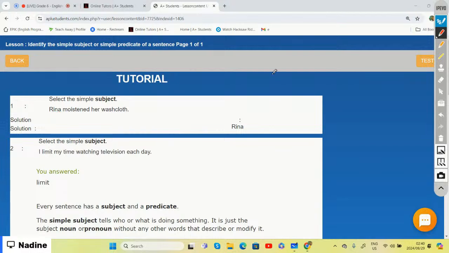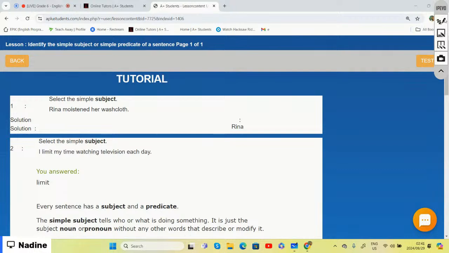Now let's go to our test, where we are going to identify the simple subject or simple predicate within a sentence. And remember, it is only the noun or only the pronoun, not all the other added things.